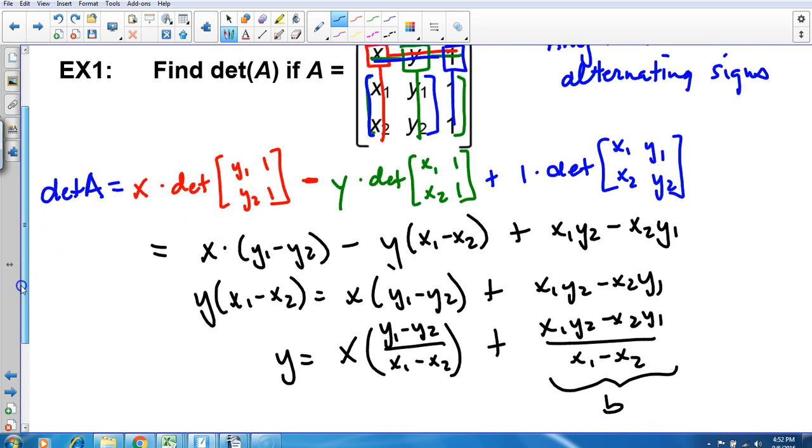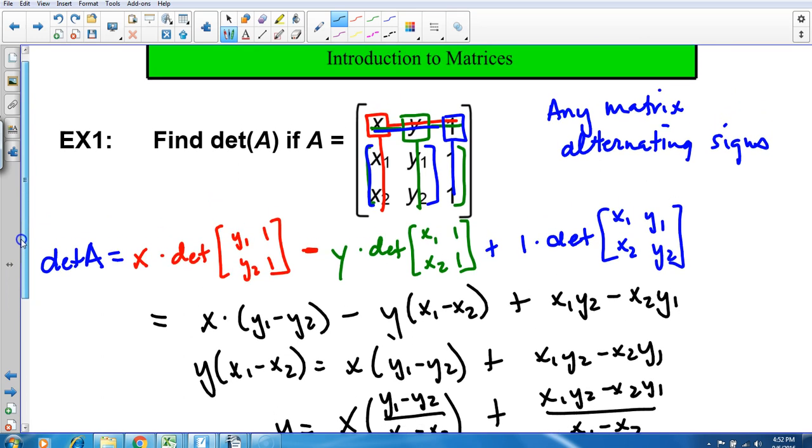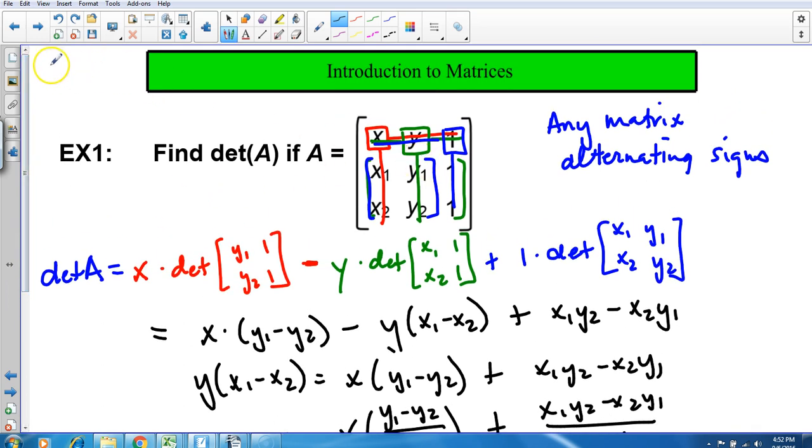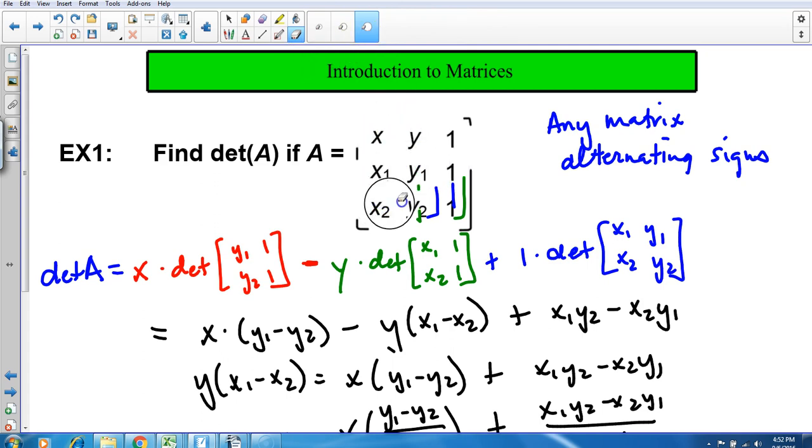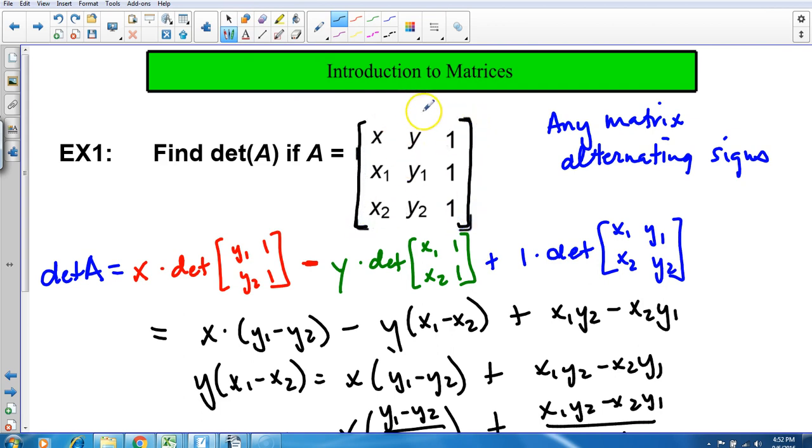So the point in all of this is that if we have a couple points that are given to us and we put them in this determinant form, what we can do is find the equation of a line by finding the determinant of the coefficient matrix, what we call a coefficient matrix.